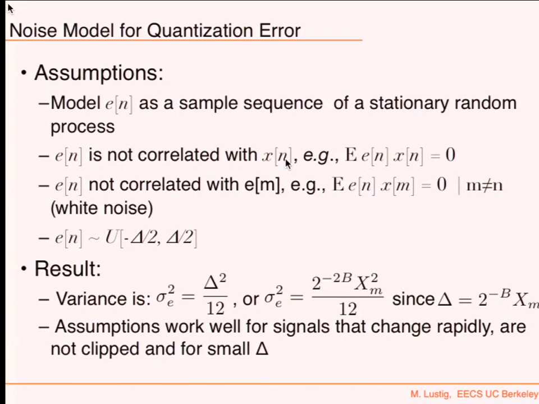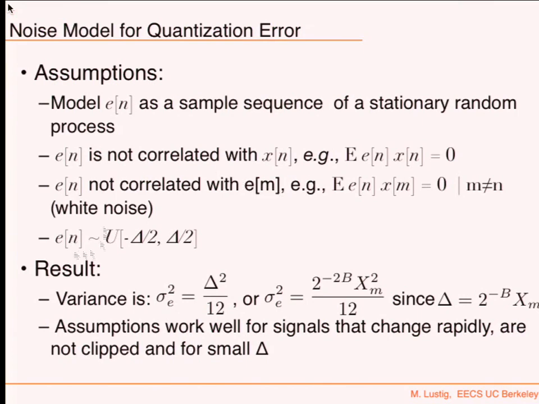But we'll see that. So if I look at the covariance between e of n and x of n, it will be 0. We're also going to assume that e of n is not correlated with e of m when m is not equal to n. So each evaluation of these e's is not correlated to each other. So this is an IID, independent, identically distributed noise process.